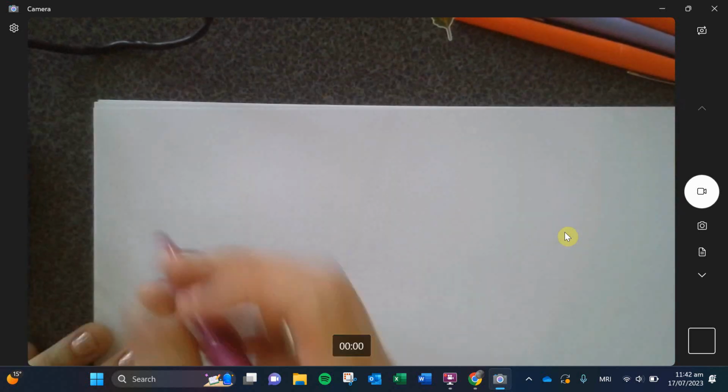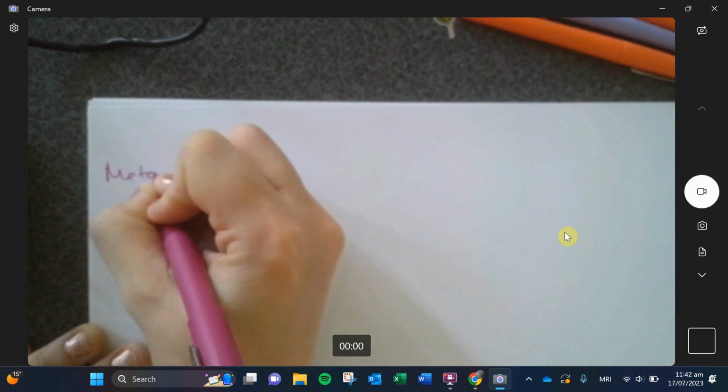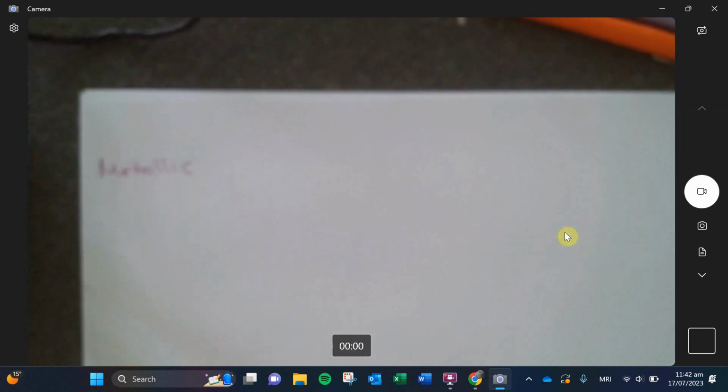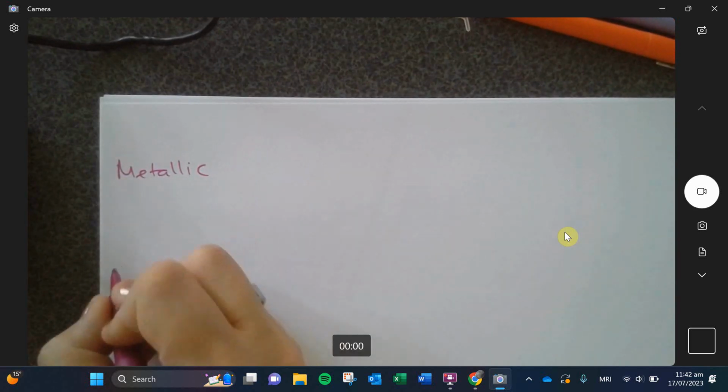All right, so swapping it this way, because we have multiple things we're going to write about. So we have 4 different things that we are thinking about. The first thing that we are thinking about is going to be metallic. Second thing we are going to be thinking about in our table is going to be the ionic.